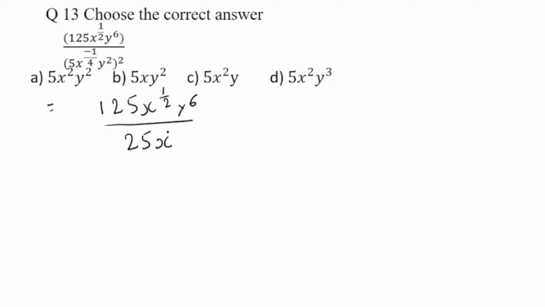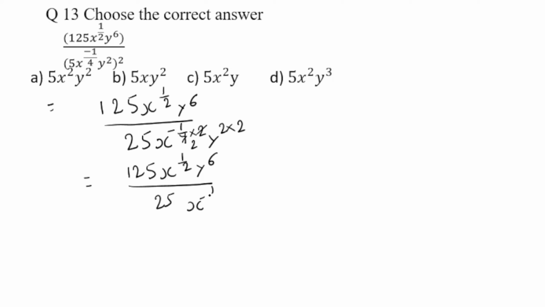X to the power minus 1 by 4 multiply 2, y to the power 2 multiply 2. 25, 4 divided by 2, 2. X to the power minus 1 by 2, y to the power 4. 125 divided by 25, 5. X to the power 1 by 2.